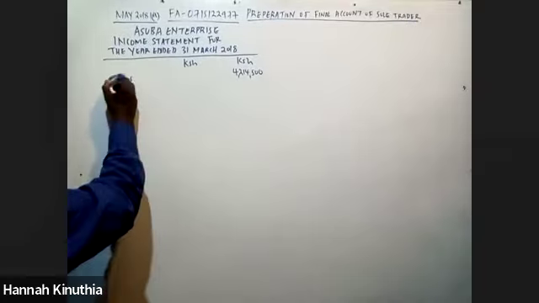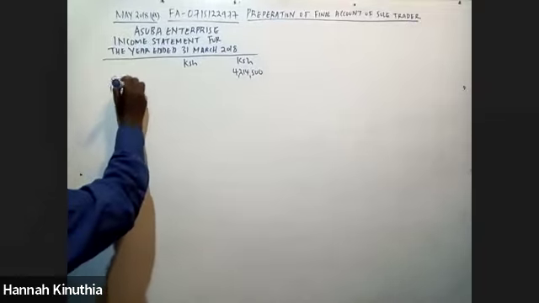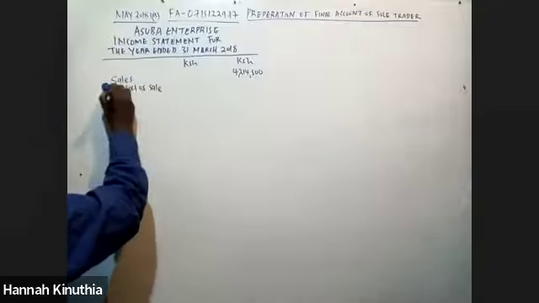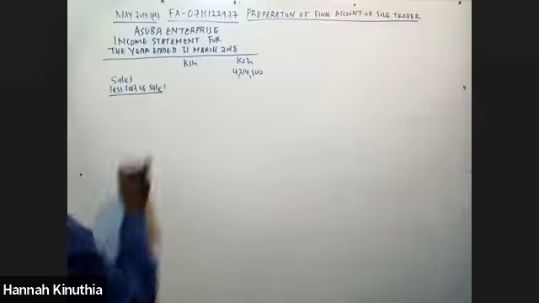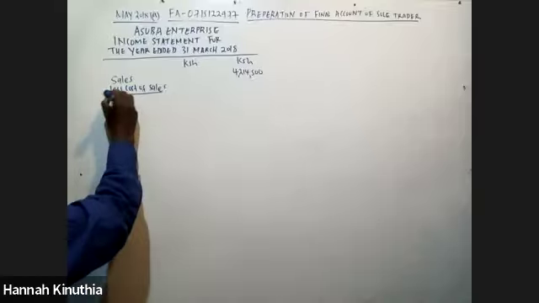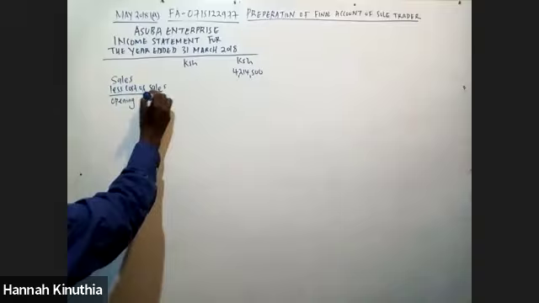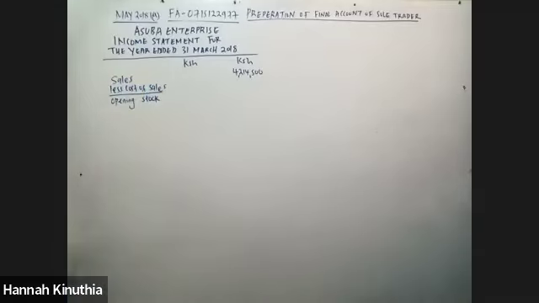So less cost of sale, the opening stock. What's the opening stock from the question? The opening stock is in the trial balance at the top.